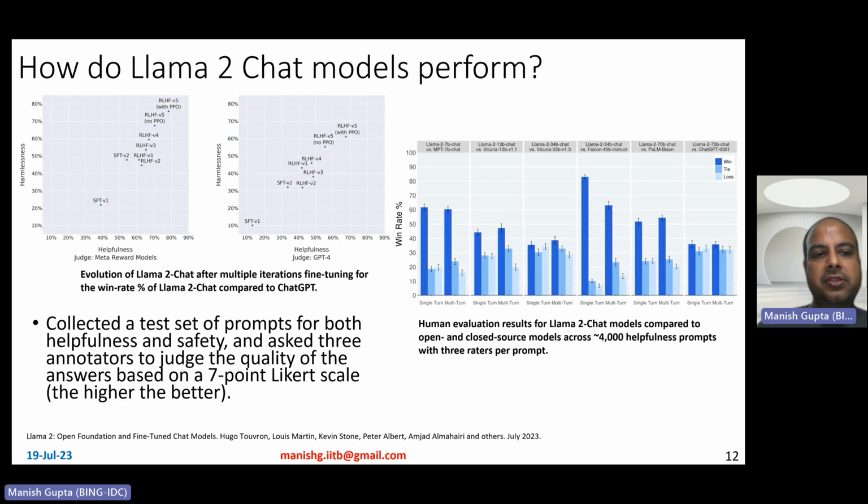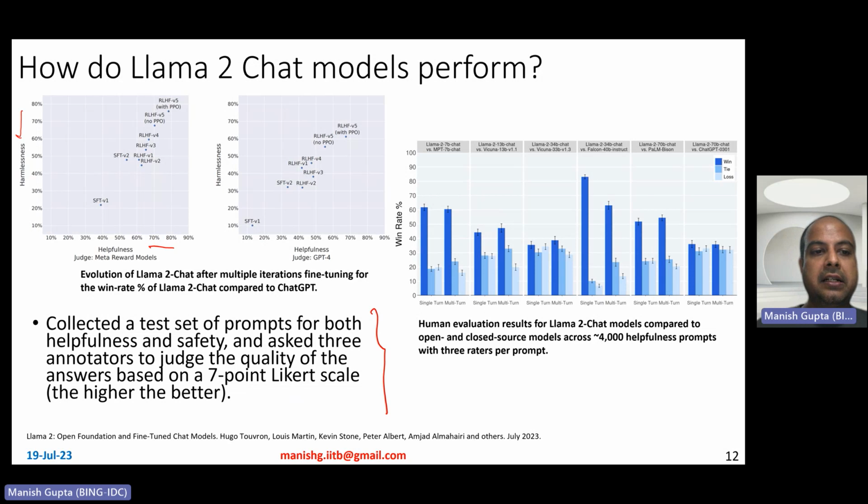So essentially, as you see, you can look at them from a perspective of helpfulness versus harmlessness, right? First of all, this performance was measured on a test set of prompts, which have been manually generated and curated both for helpfulness and safety. The way they have been evaluated is by asking three annotators to judge the quality of the answers based on a 7-point scale.